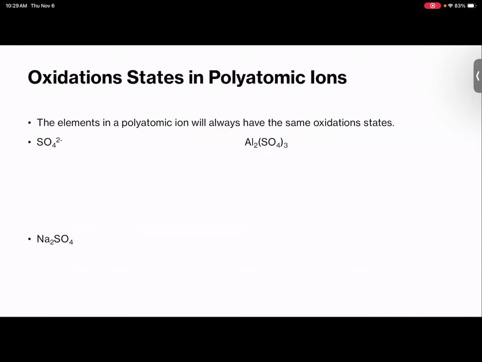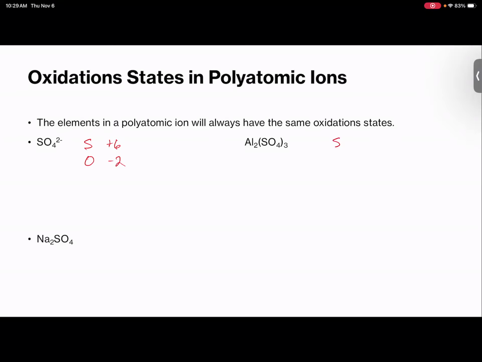Now, folks, here's something that is useful to know. Once you know the oxidation state for the elements in a polyatomic ion, those oxidation states remain constant, no matter where you find that polyatomic ion. So a minute ago, we figured out that sulfur was a +6 and oxygen a -2.